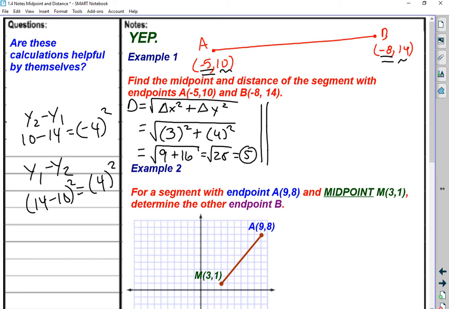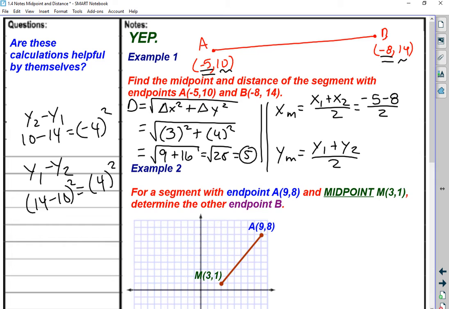In terms of midpoint, again, we can attack this a couple different ways. The midpoint formula is perfectly fine, and so if I want the x value of the midpoint, I'll add the 2 x values together and divide by 2. If I want the y value of the midpoint, I'll take the 2 y values, add them together, divide by 2. Okay. And so for the x values, that would be -5 subtract 8. -5 minus 8 will be -13.